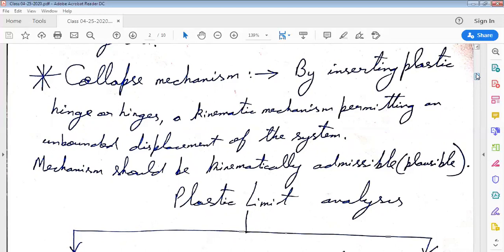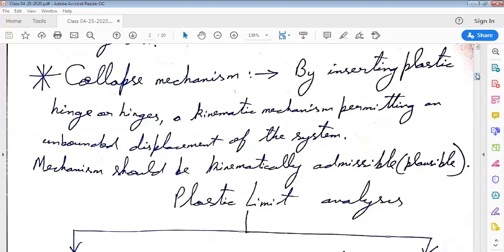So collapse mechanism is a mechanism which the structure adopts while deforming plastically. So in this plastic limit analysis, we also have to propose or find a collapse mechanism for the structure. And this is done by inserting a plastic hinge or hinges in the structure.